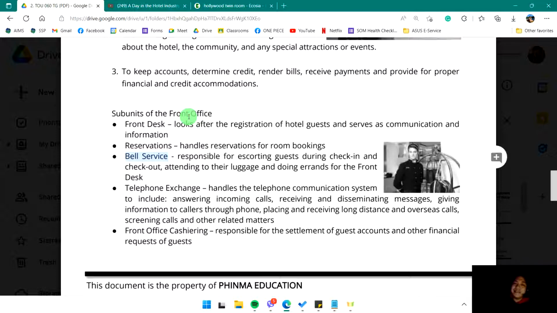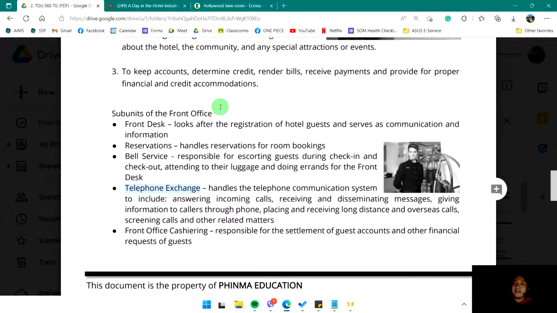natin sa bell service. And the next we have here the telephone exchange. To be honest with you guys, telephone exchange, their responsibilities can also be done by the front desk or the reservations team natin.